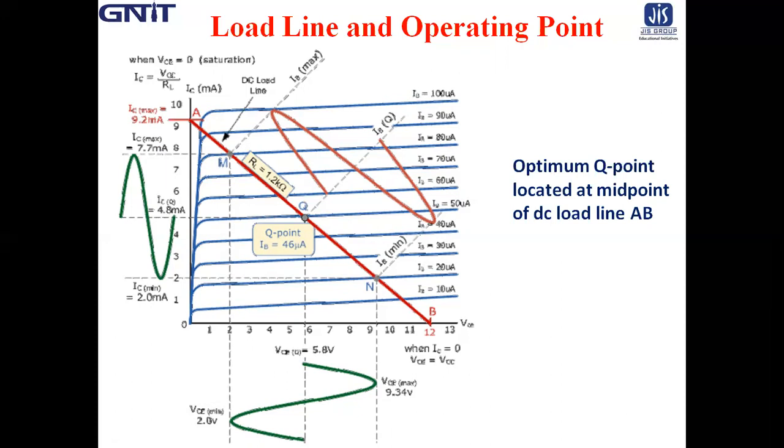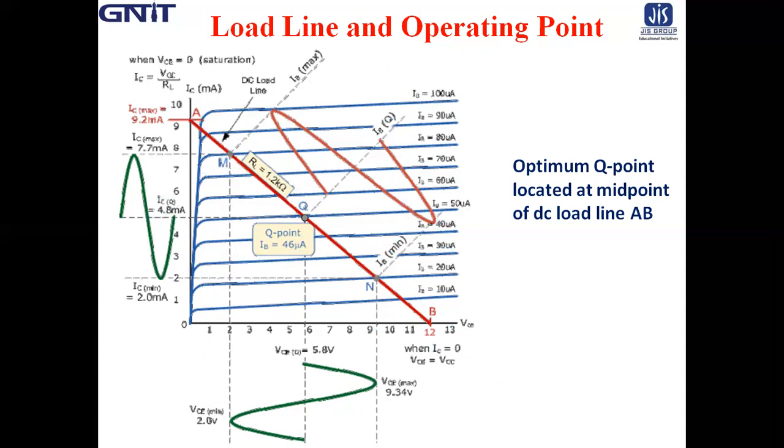The straight line joining the saturation point A and cutoff point B is called the load line. So what is load line? The straight line joining the saturation point A and cutoff point B is the load line. Naturally the load line intersects the output characteristics curve at some points.